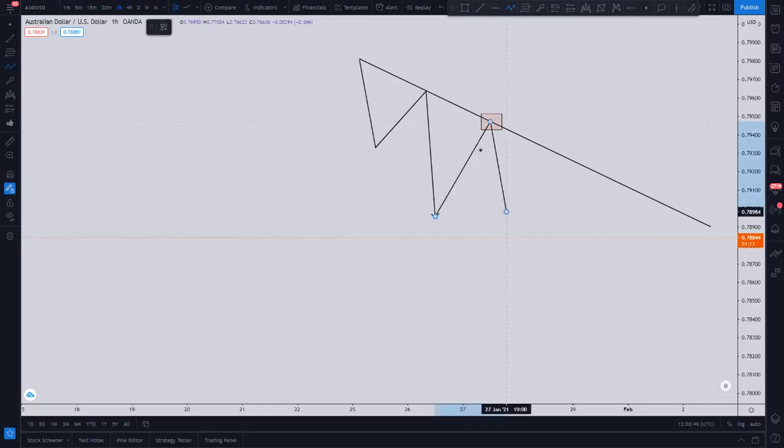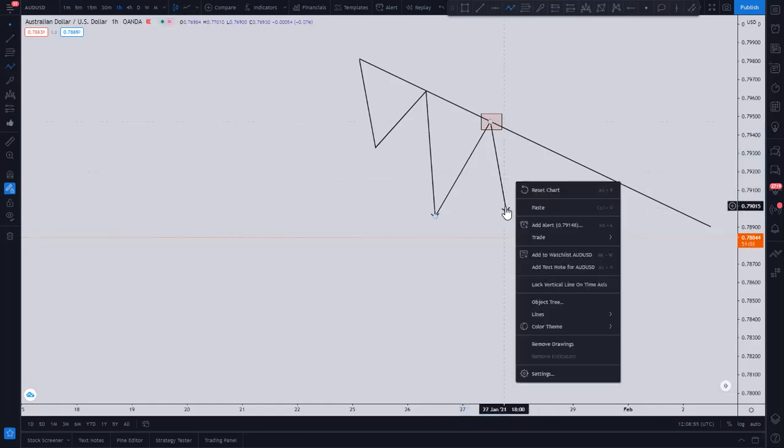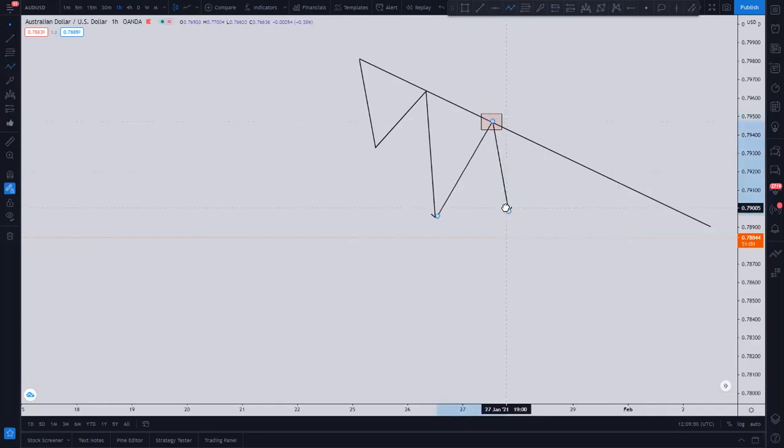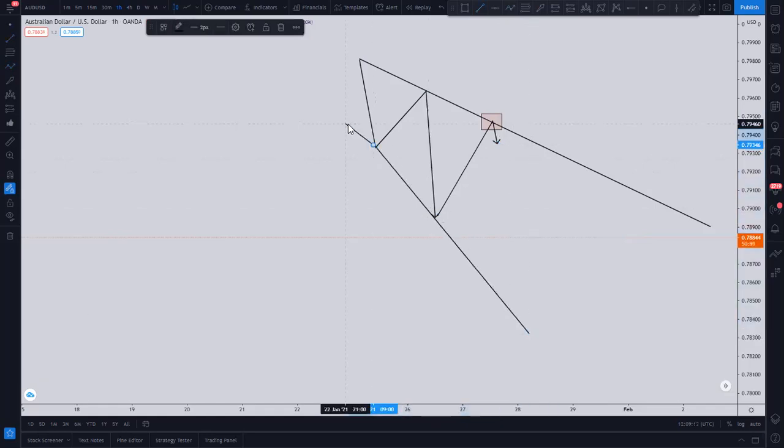And then after it does that, before it even goes anywhere, that is when you will draw your channel, because now you have this low and this low, which creates your channel. Sometimes it won't be perfect, but you will understand how to draw a channel.